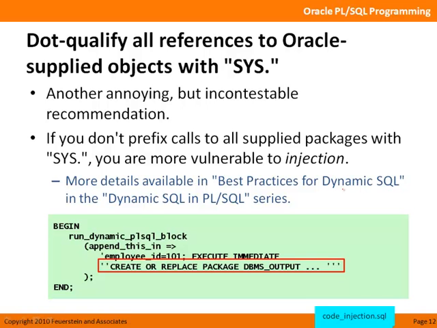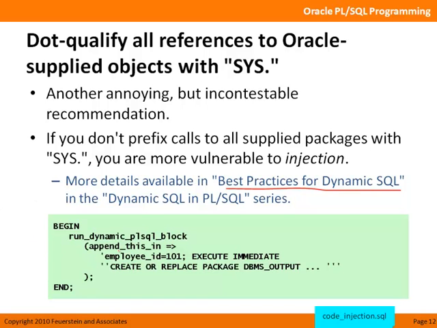Why is that? Well, it has to do with code injection. The possibility of somebody injecting their own malicious code into your code, making your application do things that you don't want it to do. And this is covered in much more detail in best practices for dynamic SQL, which is where code injection occurs.